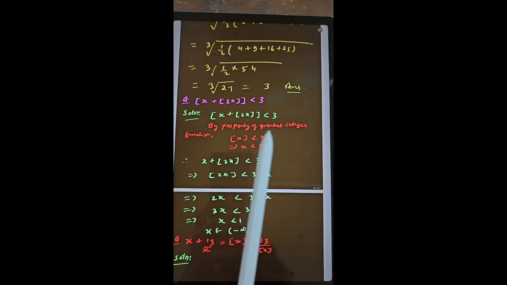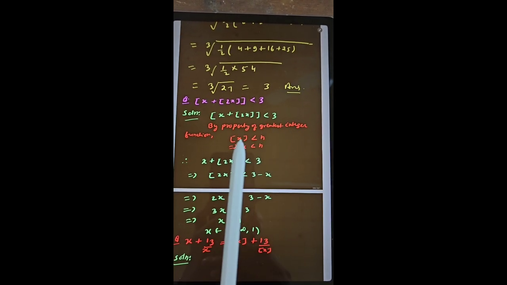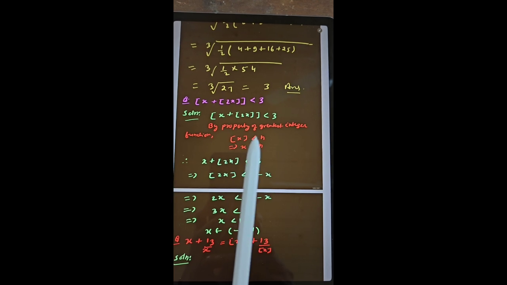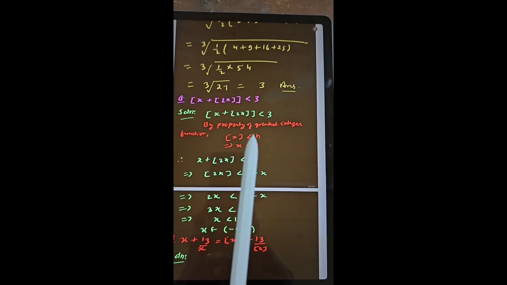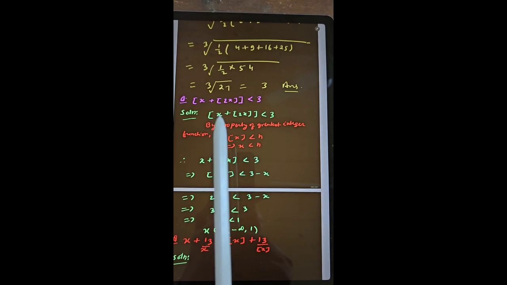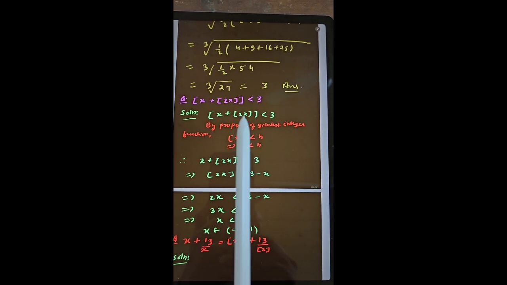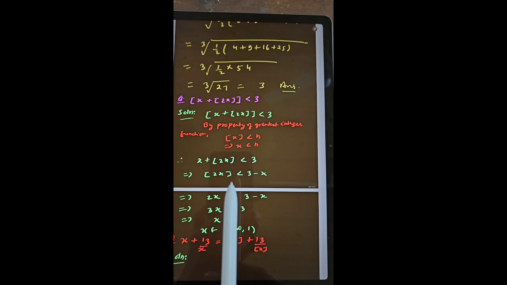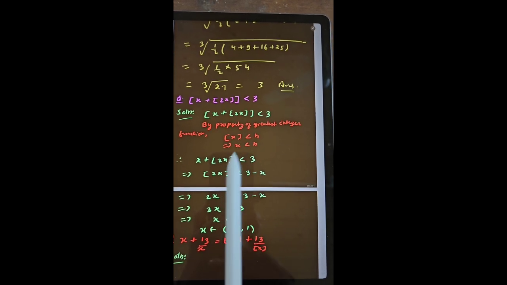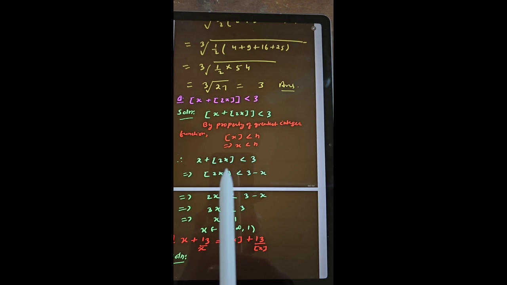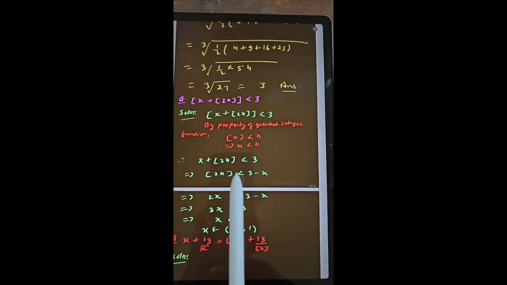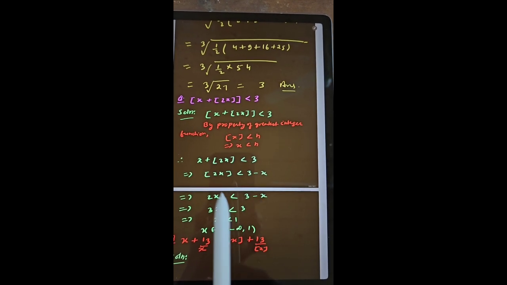Again we will use the property of the greatest function, which says the greatest function of x less than n will imply x less than n as well. So the inside term, x plus the greatest function of 2x, will be less than 3 according to this property. So x plus the greatest function of 2x is less than 3, so the greatest function of 2x is less than 3 minus x.